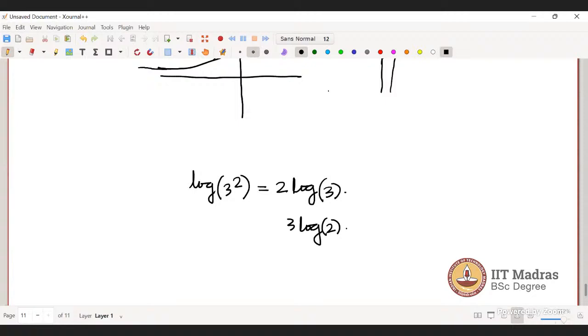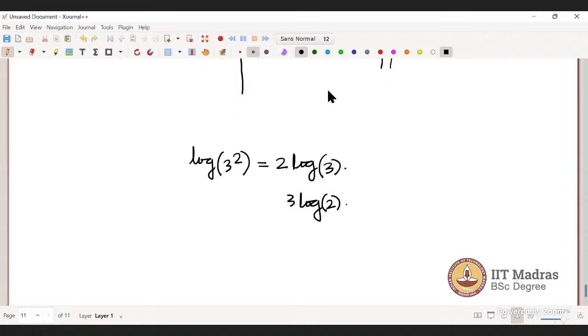No, actually it is a to the power of log b. Have you checked the solution? Yes, the solution also I have a doubt about. It's 2 power log 3, right? It's not 2 log 3.